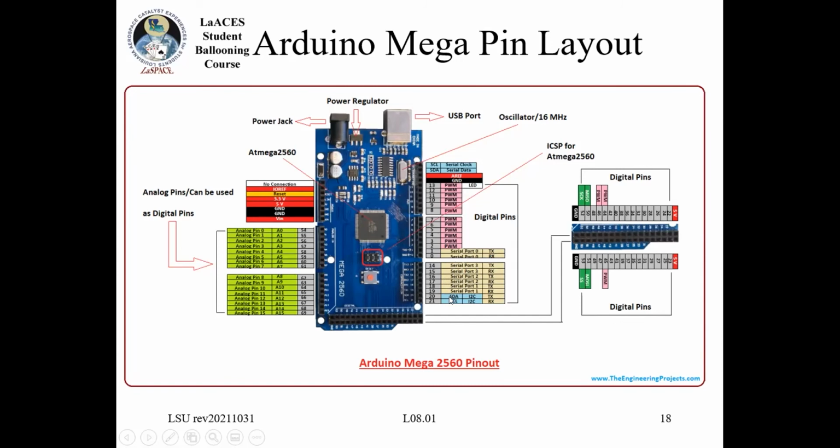Then these pins down here are for I2C, which is something we'll cover later. But basically, almost all of these pins can be used for general digital input and output.